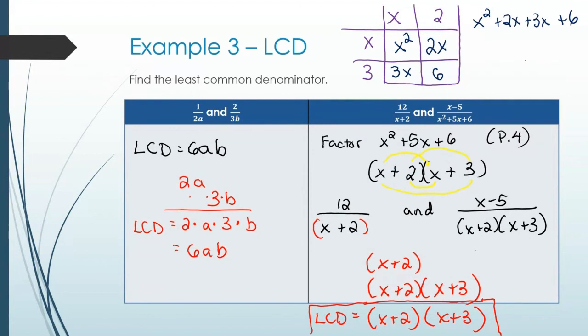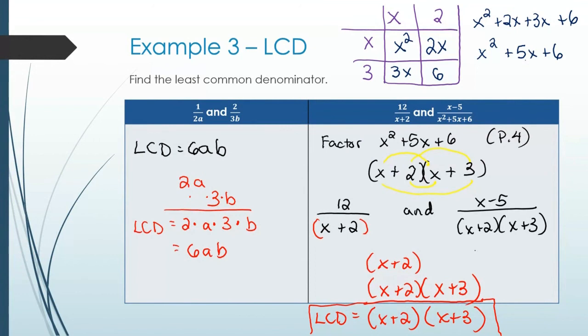And then we can add the 2x and 3x together because those are like terms. So that's how we get x squared plus 5x plus 6. So I am undoing that process, essentially, when I factor. And you can multiply it back out to double check that you factored correctly.